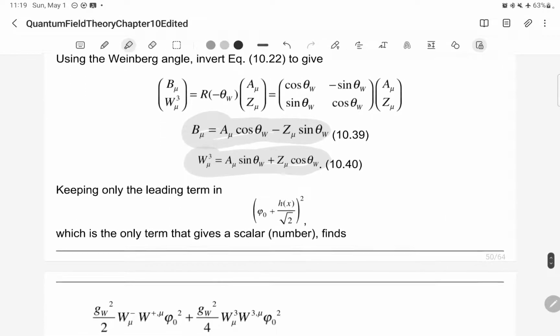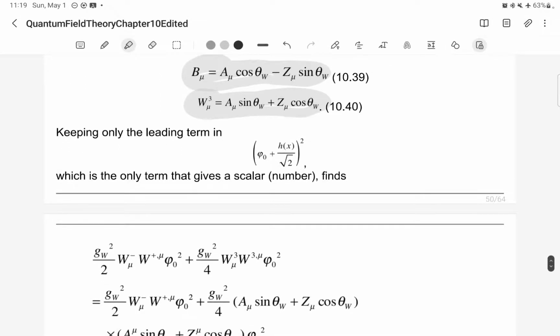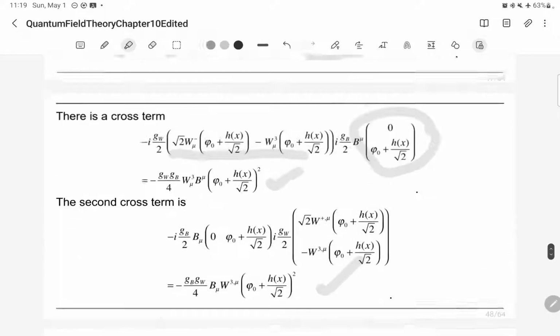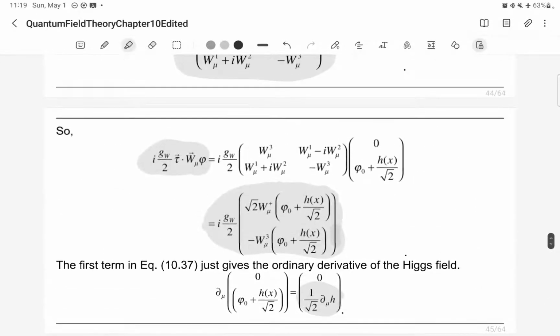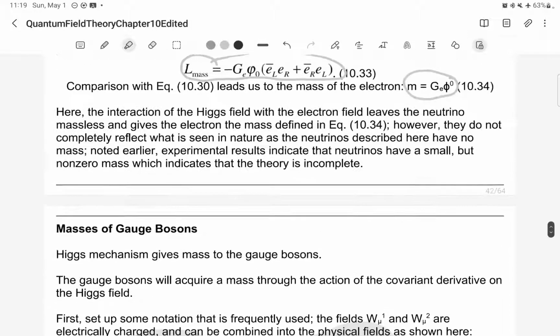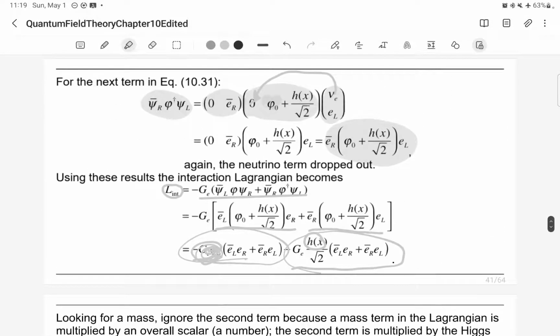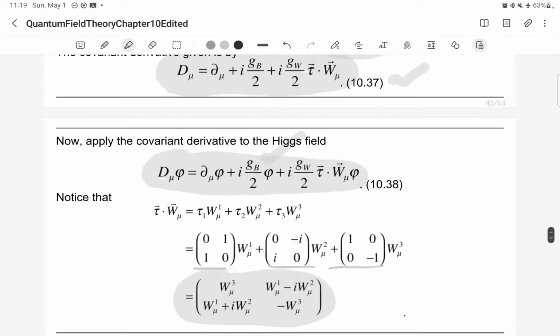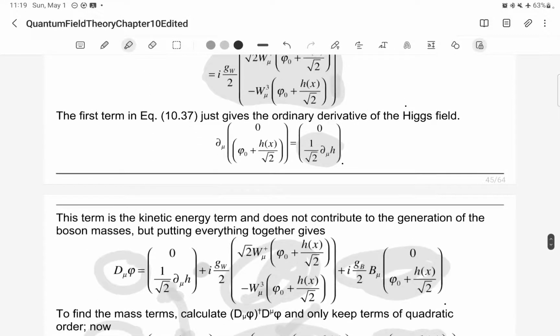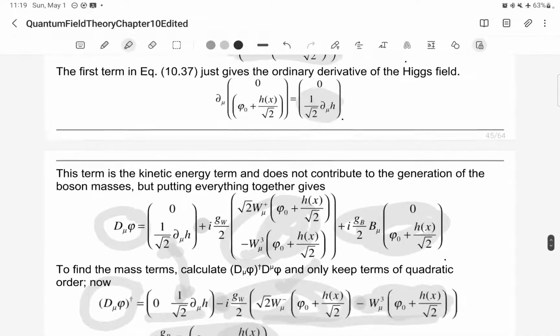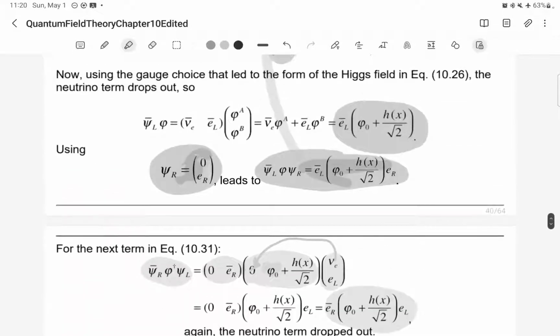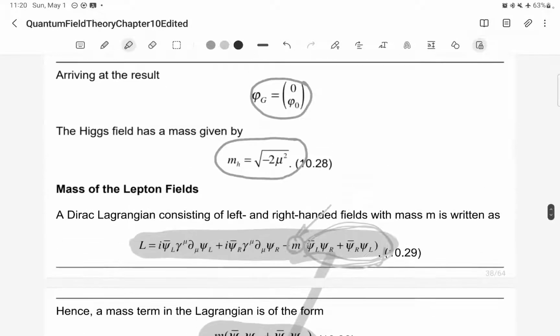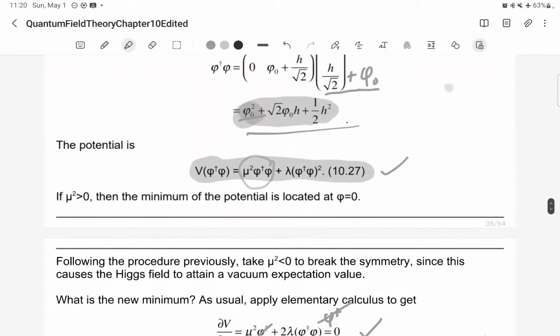So keeping only the leading terms in this expression, which is the only term that gives a scalar number, if we look up here, again, this is just this one here.